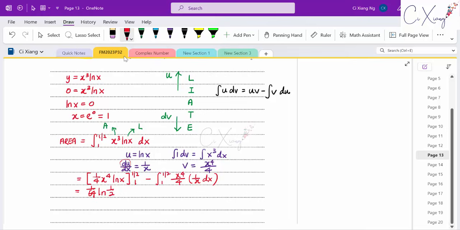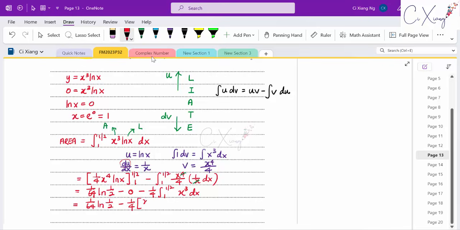Substitute 1 into the equation here. ln 1 is 0, therefore I get 0 here. Then minus, for this part, I will take out the constant 1 over 4, and I can simplify x power 4 with the x. So eventually I'm having x power 3. For this part, I just keep it first. I will simplify it later.